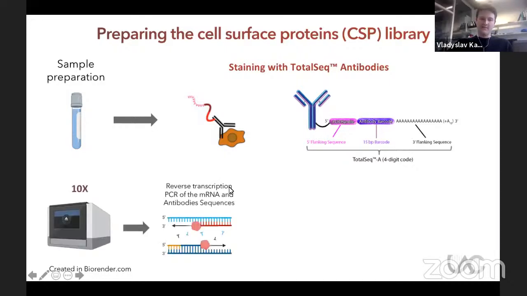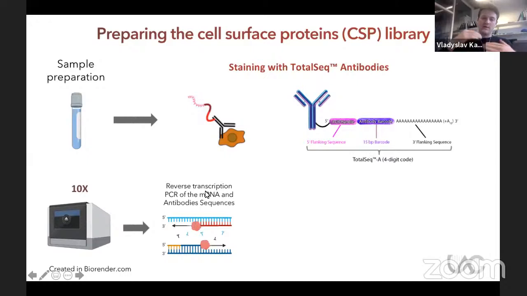In the next step, you will load your cells in the 10x machine and build the single droplet suspension out of your sample, and then all of the beads will bind the messenger RNA molecules, but also these oligonucleotide sequences of your antibodies. When the oligonucleotide sequences are bound by the beads, the next step is the reverse transcription.